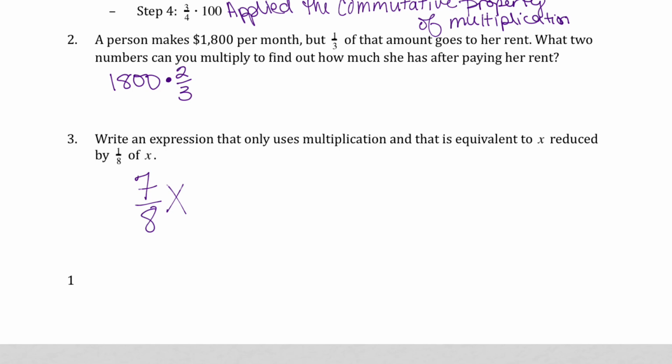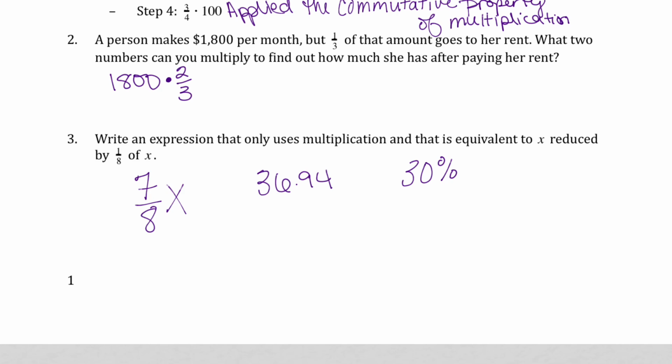So let's say I walk into a store. They're having 30% off of everything in the store. If I'm looking at a cardigan and it's $36.94, I want to know how much that's going to cost with the 30% off.